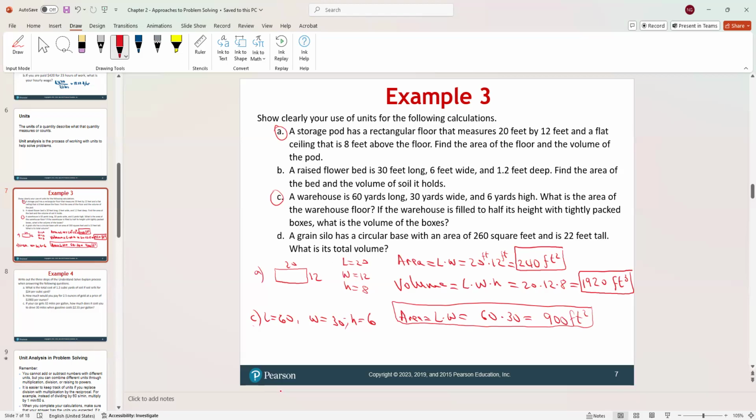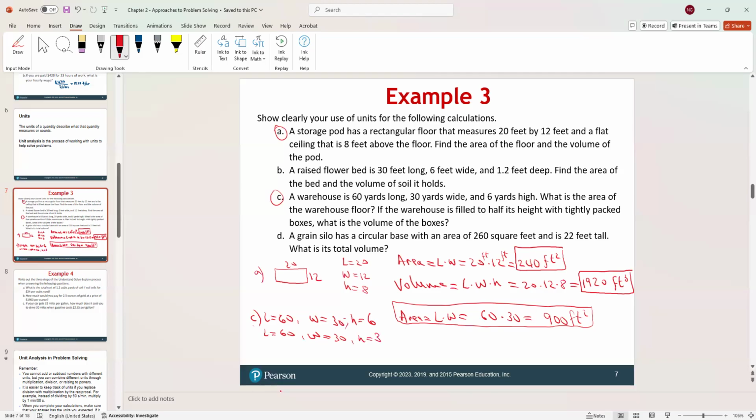Now that we're done with the area, because length times width gives you the area of the warehouse floor, how about the volume of the cartons? Because they said that if the warehouse is filled to half its height, what is half of its height? So that means we still have the 60 for the length, 30 for the width, but the height would be what? 3, because it's half of its height.